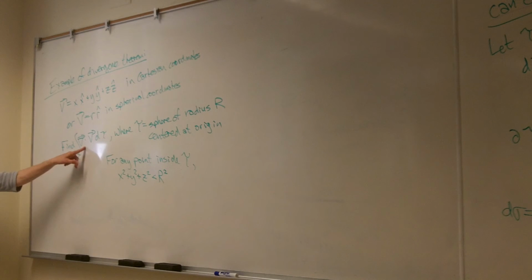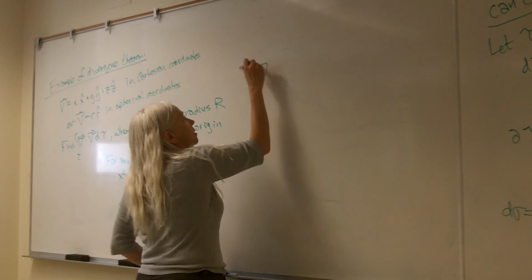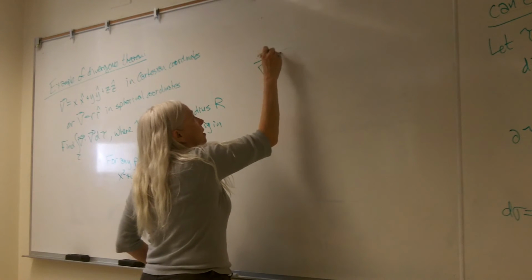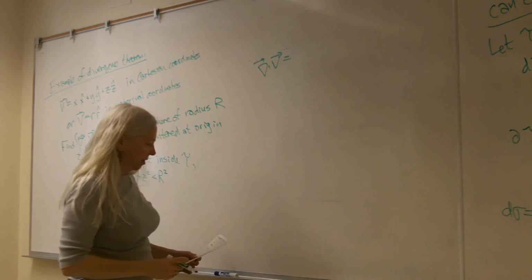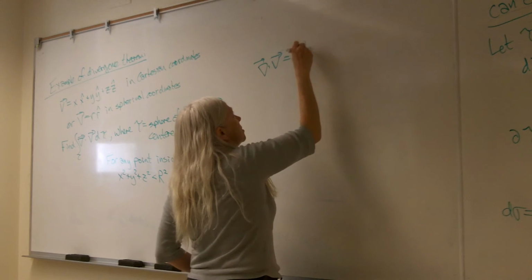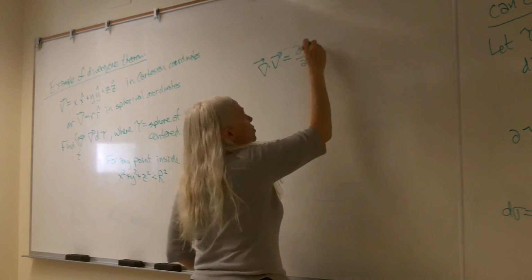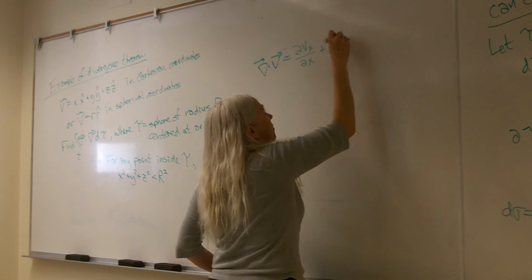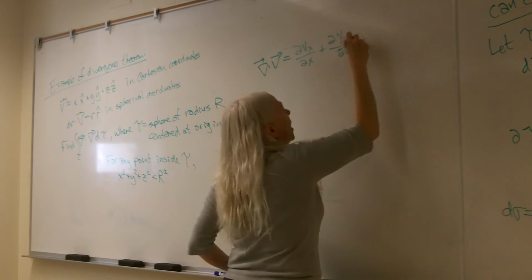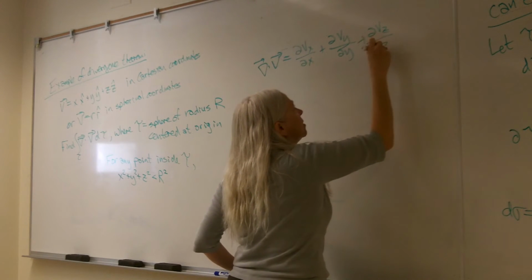Okay, so if we want to evaluate this, the first step is to evaluate the divergence of V. We can actually do that either in Cartesian coordinates or spherical coordinates. If we did it in Cartesian coordinates, it would be the derivative of v sub x with respect to x, plus the derivative of v sub y with respect to y, plus the derivative of v sub z with respect to z.